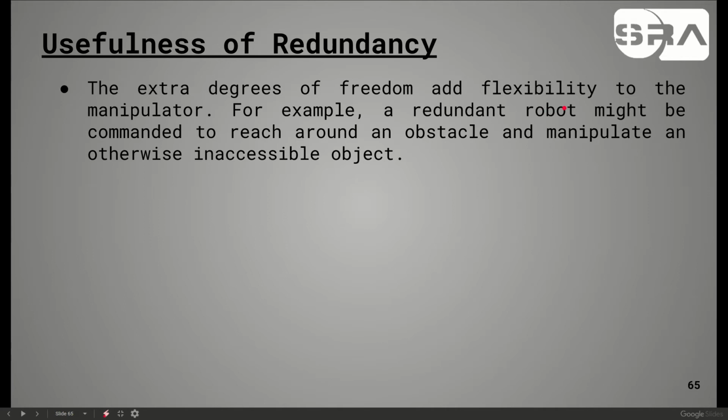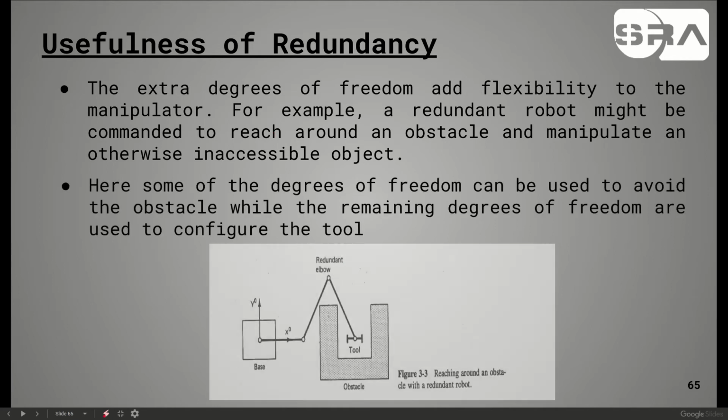The word flexibility means that we are able to reach inaccessible positions, wherein if we did not have this redundancy, we would not be able to reach that position. We can see this in this example. This position would not have been realizable if this redundant elbow was not present in this robotic arm. If we did not have this redundant arm, we would not have been able to reach this point. So this is the usefulness of redundancy.